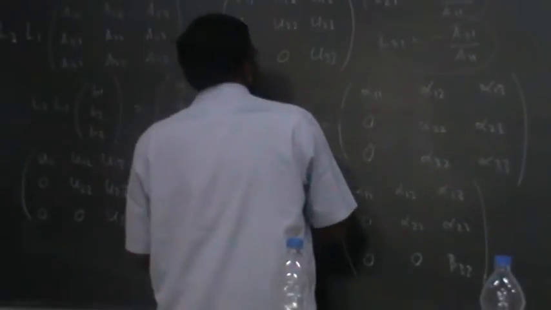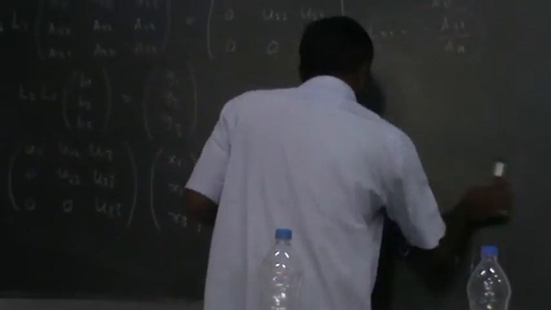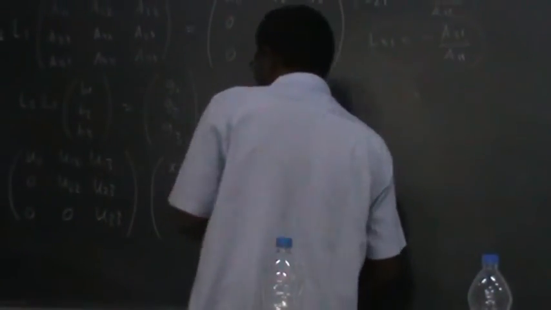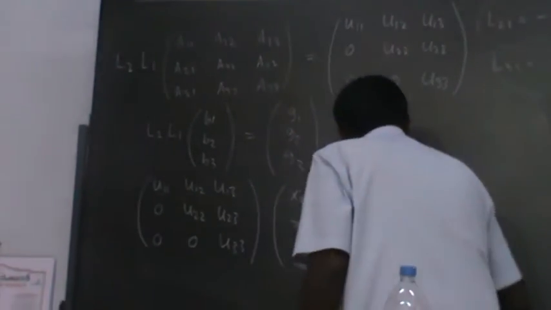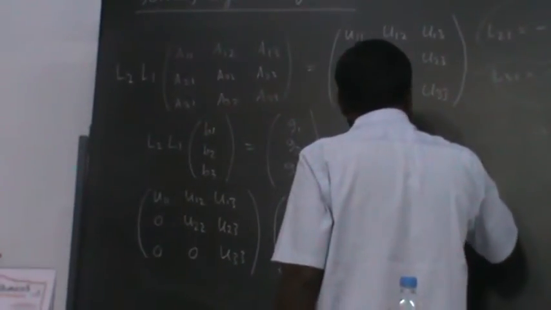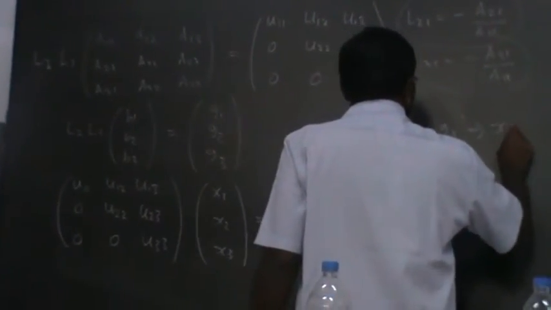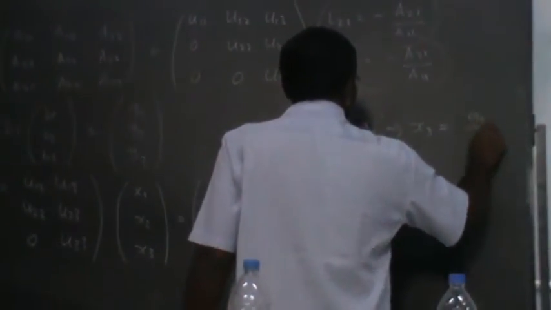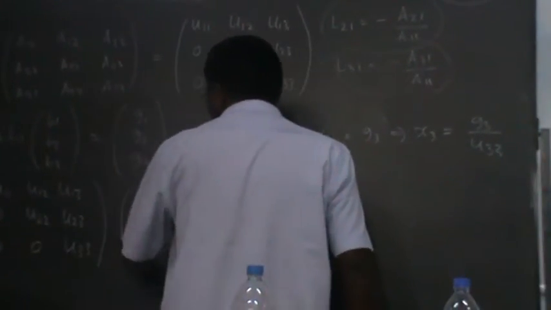Now once you have this, the solution is simple. If you look at the last row, it is given by U33 x3 is equal to G3. So from here we can obtain x3 is equal to G3 by U33. Remember, I know this, I know this, and I have to find out this.